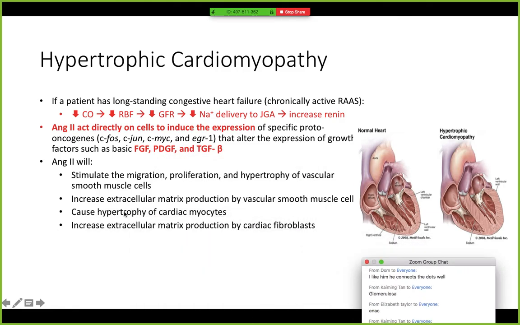Okay, so with hypertrophic cardiomyopathy, this is something that you're going to find in a patient with long-standing congestive heart failure as a result of a chronically active RAS system. So if someone has a hypertrophic cardiomyopathy, you look over in this picture here, and what is the difference?